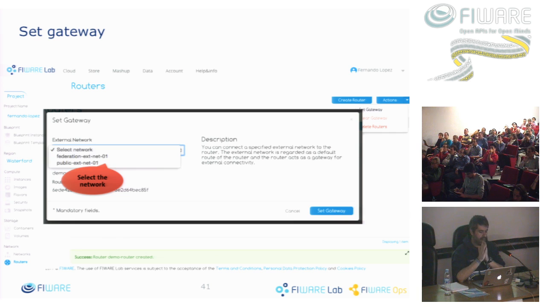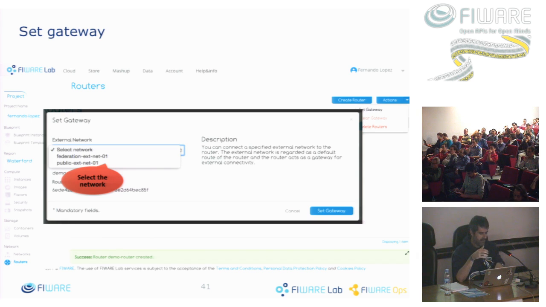But keep in mind that each network that starts with Federation means that this is a private network. This is an MDVPN network that we have in the context of the FIWARE Lab. If you use it, you obtain a typical 10.x address that is not open.